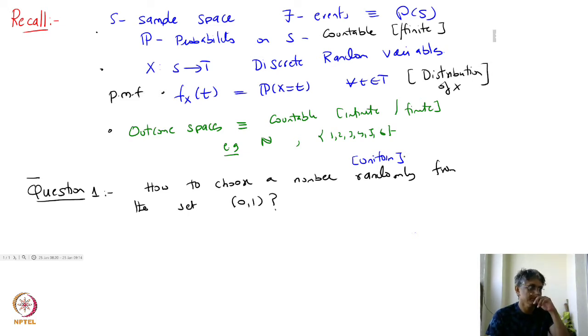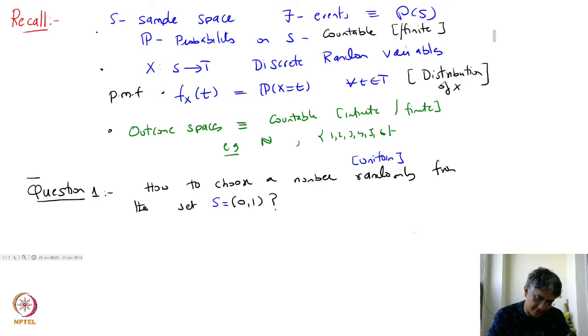That is the question. Now one thing is immediately clear: the set S, let me call the set S equal to 0, 1, differs from what we've been doing so far. S is not countable. S has uncountably many elements.